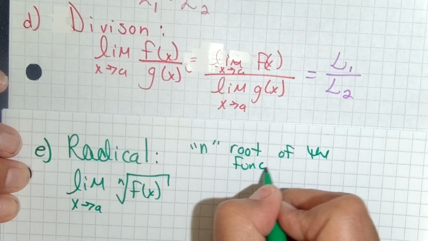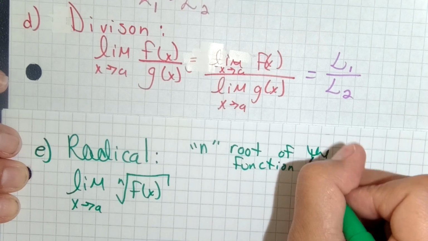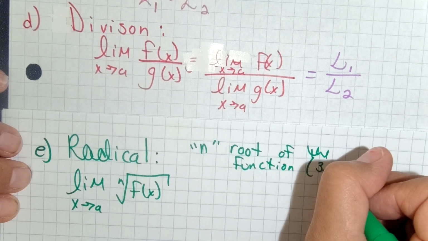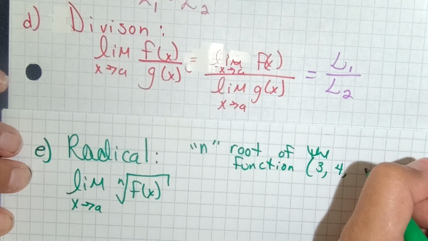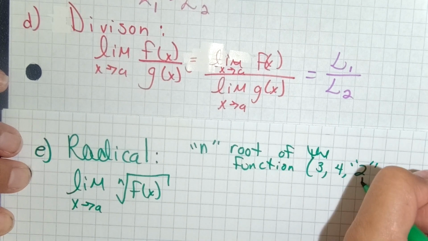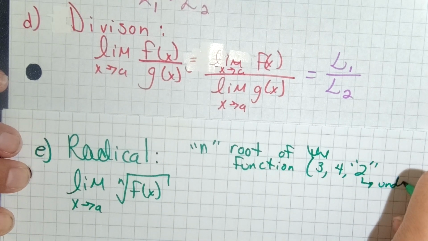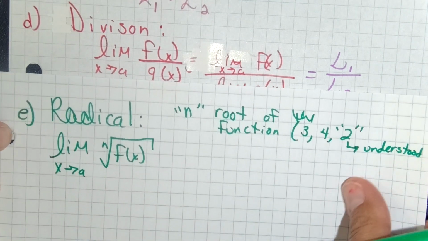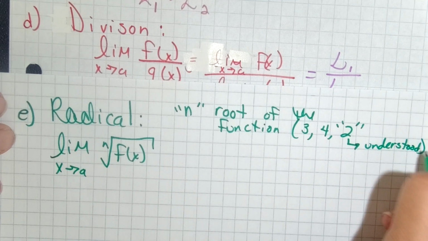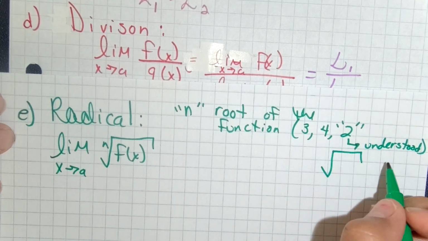For example, we have cubed, fourth, and squared, but squared is understood. Meaning that this is the square root.